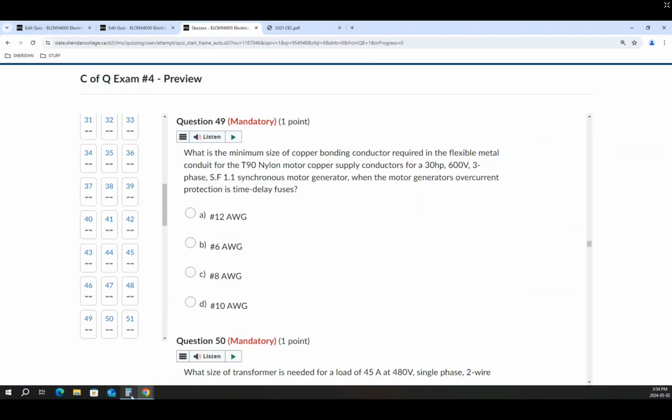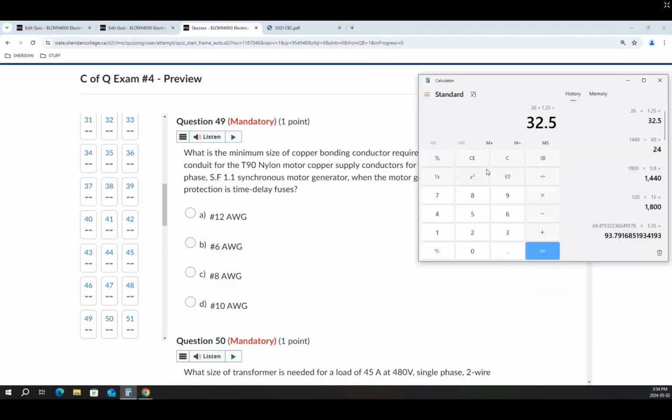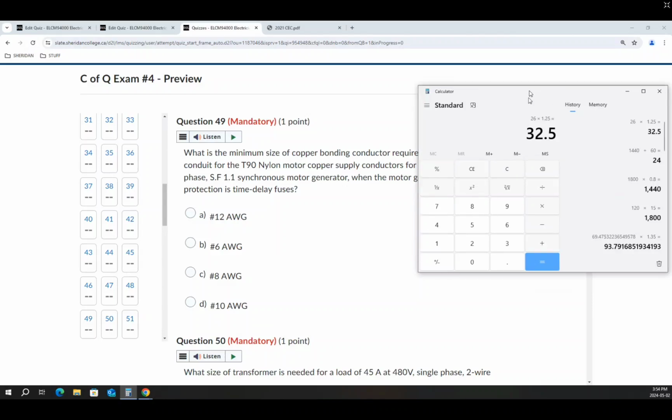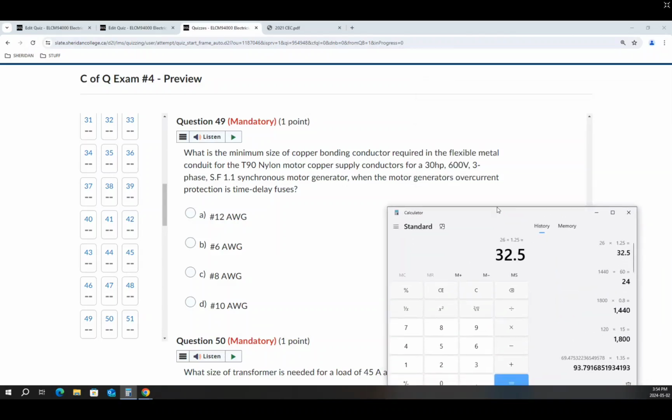So to do that, we got our FLA from table 44. And I'm not sure what you're referring to here.